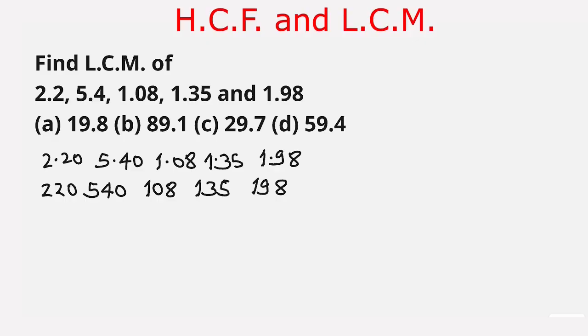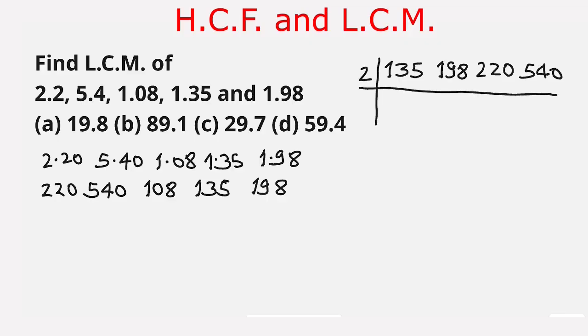We write these numbers in ascending order: 135, 198, 220 and 540. We divide these numbers by 2. 135 is not divisible by 2, so we write 135 as it is. 2 divides 198 into 99, 2 divides 220 into 110, and 2 divides 540 into 270.